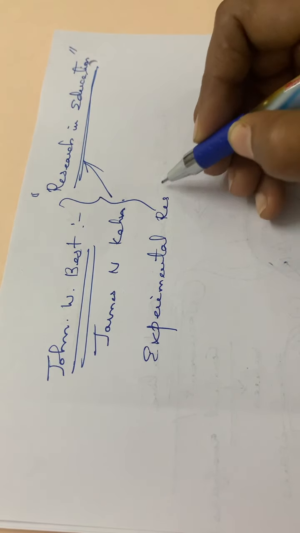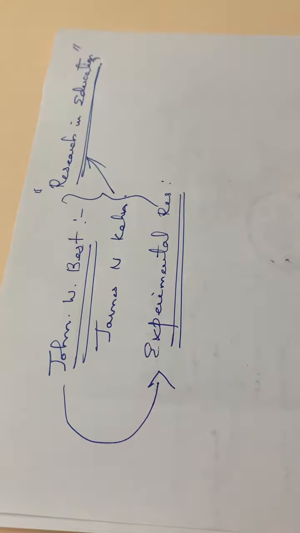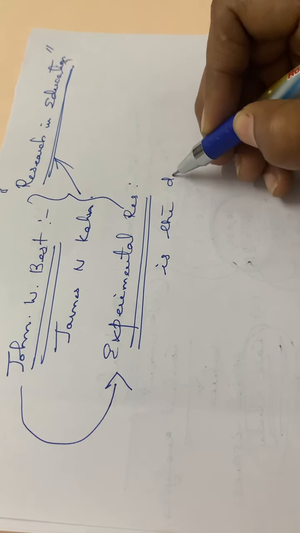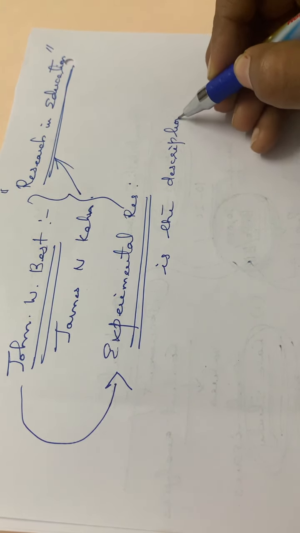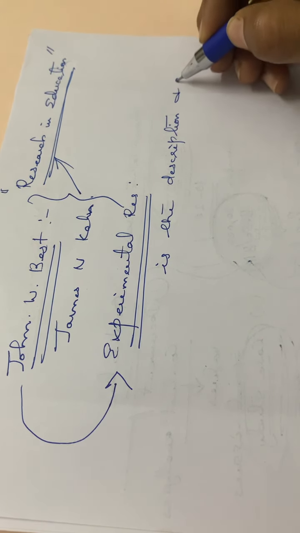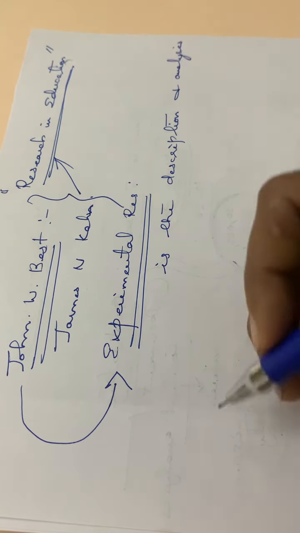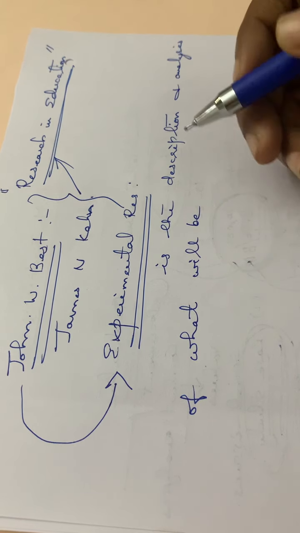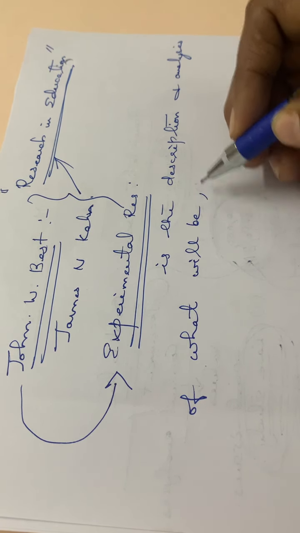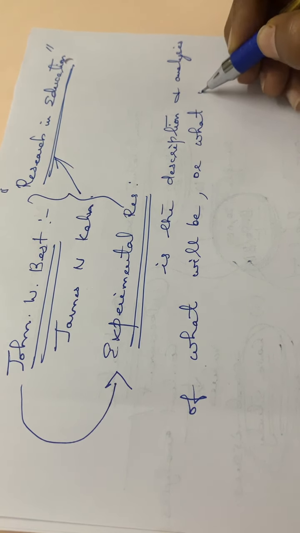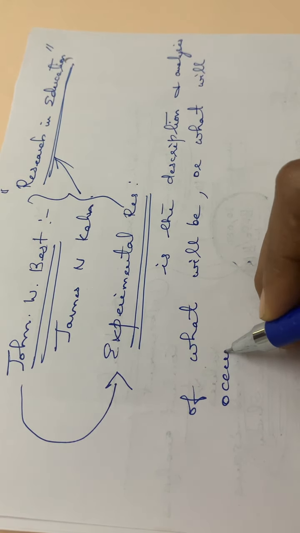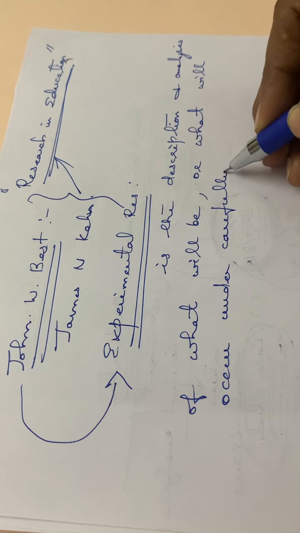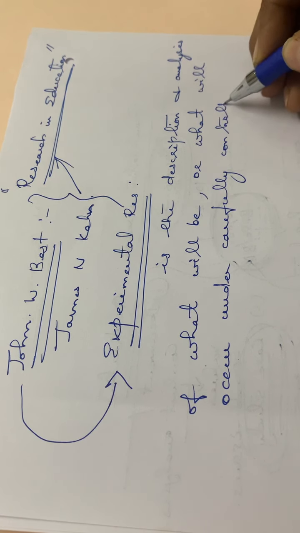Experimental research is the description and analysis of what will be, or what will occur, under carefully controlled conditions.